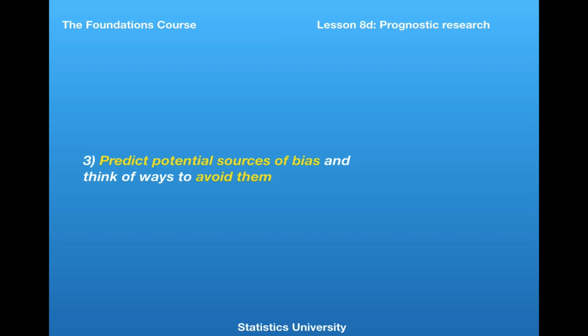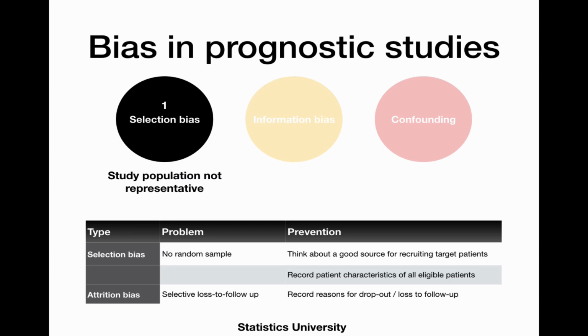Now, the third principle of the GCR approach is to predict potential sources of bias and think of ways to avoid them. We have discussed all of these bias types in detail in the other lessons, so I won't pay as much attention to it now. But selection bias can be a problem in prognostic research, with the biggest problem being that the sample is not random.